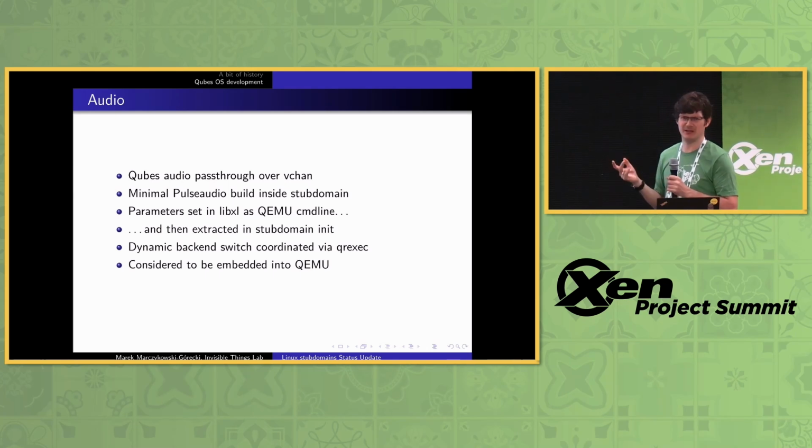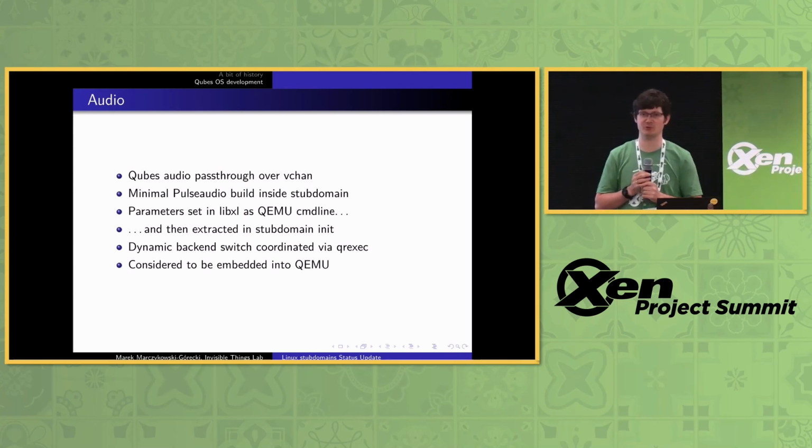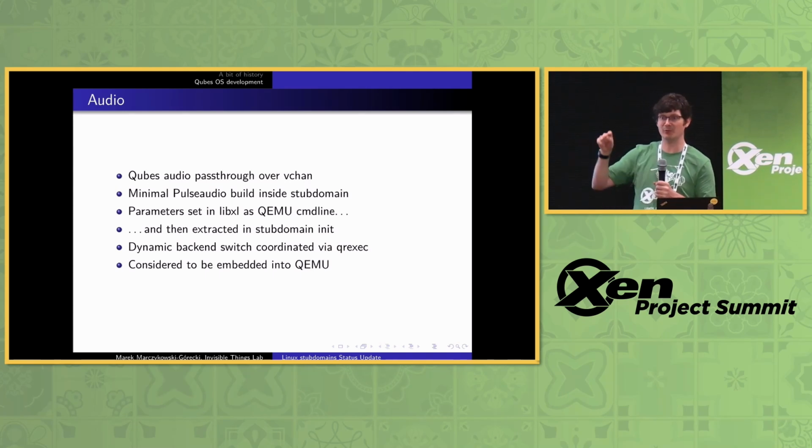There was an attempt at PV audio for Windows, not completed. But in an HVM guest, you can run any operating system, and we don't want to implement the drivers for every single operating system. But we can provide audio via a QEMU emulated device, and run our PulseAudio plugin in a stubdomain together with PulseAudio.